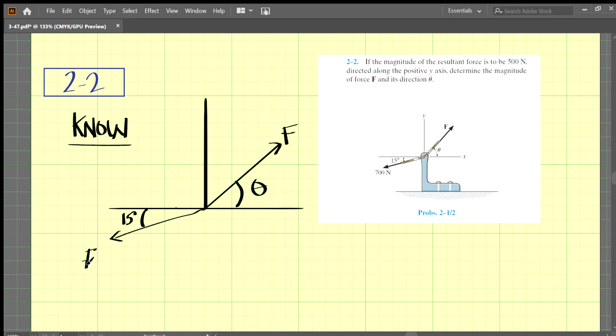We can call this F2 if we want, 700 newtons. And when we add these two together, what we're actually looking for is a resultant vector that is directly vertical here. And that resultant vector, FR, is equal to 500 newtons. Okay.